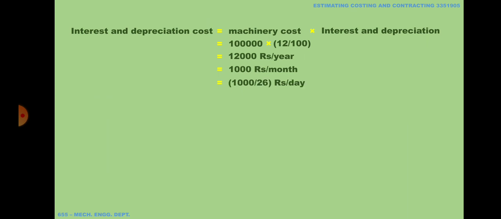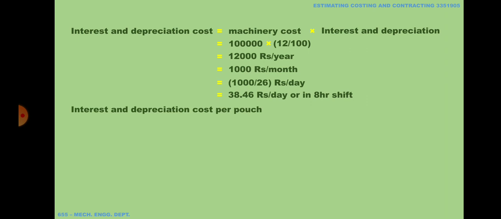With 4 days weekly off in a month, it is 1000 divided by 26 days, so it is equal to 38.46 rupees per day.